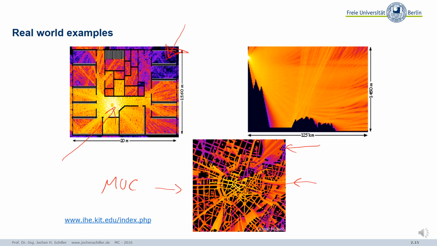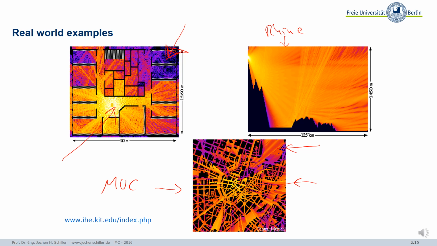Or on the right-hand side, you see here the Rhine Valley, and the Black Forest on the left-hand side, France on the right-hand side, and you see what happens. This is a radio station, Hornisgrinde, transmitting the electromagnetic waves down to where people live along the Rhine River.